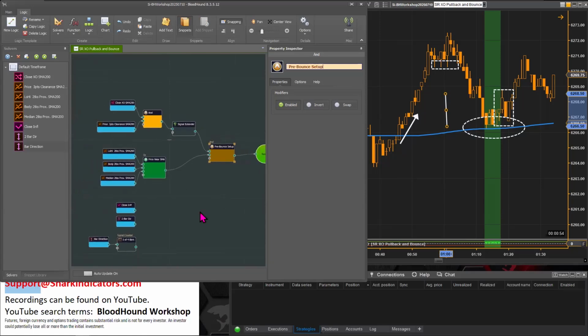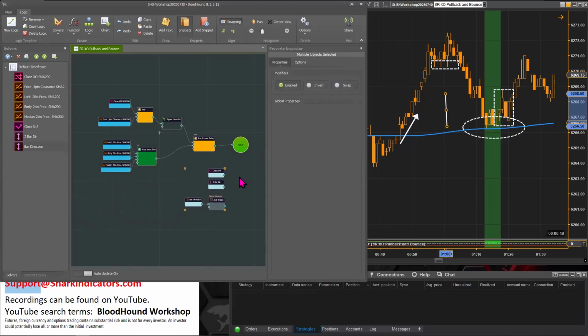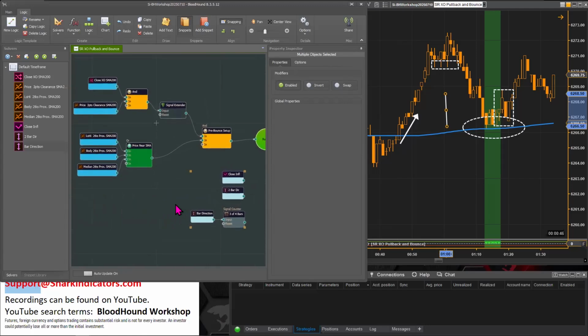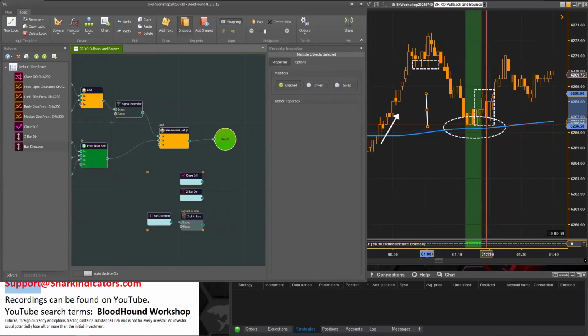And then next we need to figure out exactly how much of the bounce away you want before generating a signal there.